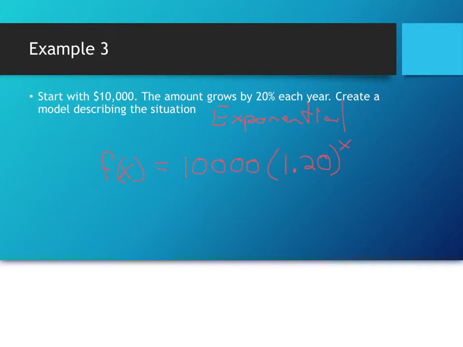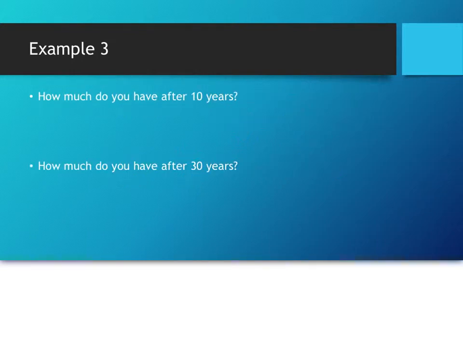A growth of 20% is not that off from the interest model that we talked about earlier. All right, so I want you to answer the following two questions based on the previous model that we've built.